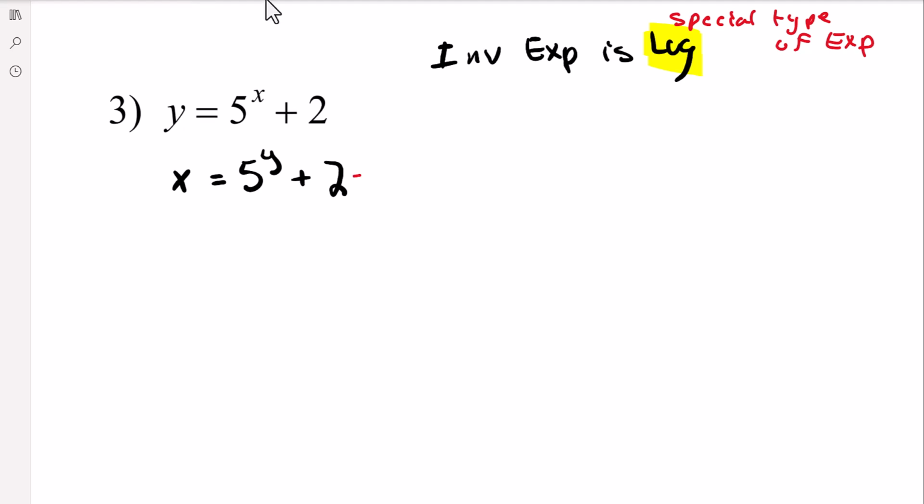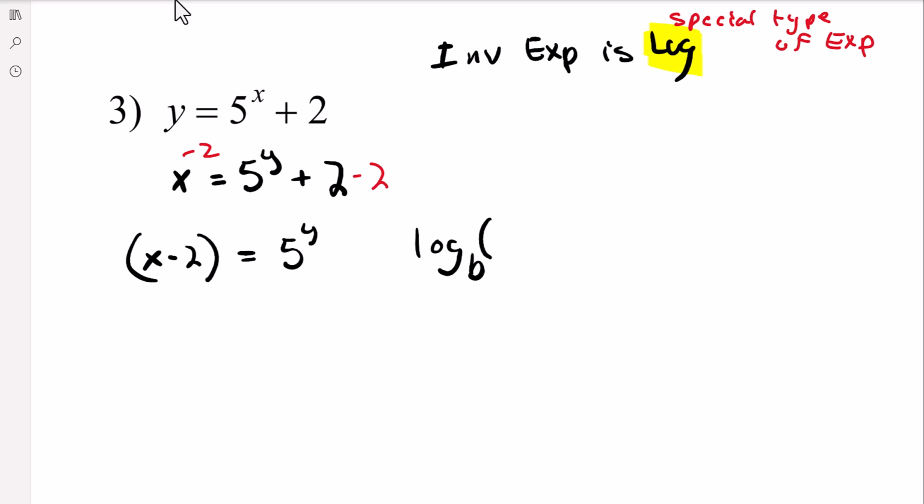So y is there. We're going to subtract the 2 first. And I'm going to put this in parentheses. So the inverse of exponentials are logs. So we have to write it as log base b, the argument of a, is equal to the exponent. Let's label.